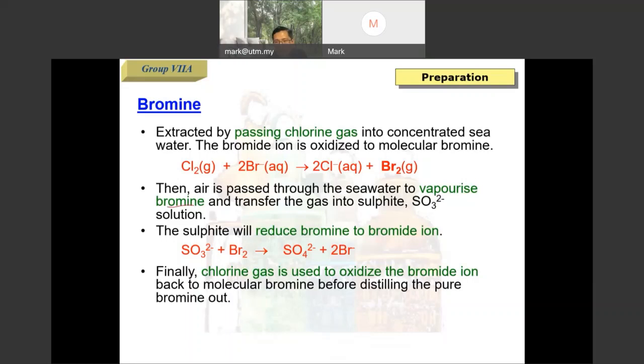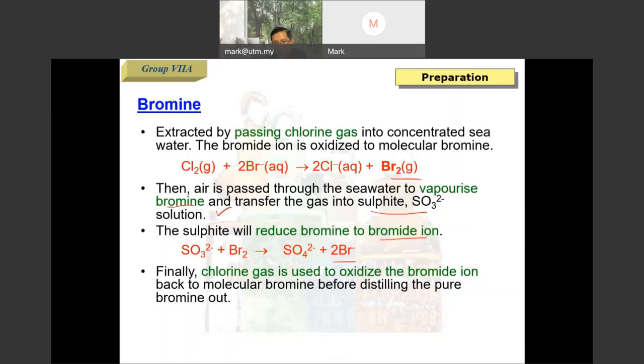Bromine is volatile, so it comes out together with the air that has been passed through the seawater. The vaporized bromine is then transferred to a sulfide solution, and the sulfide reduces bromine to the bromide ion, so it is in solution form rather than gas form.